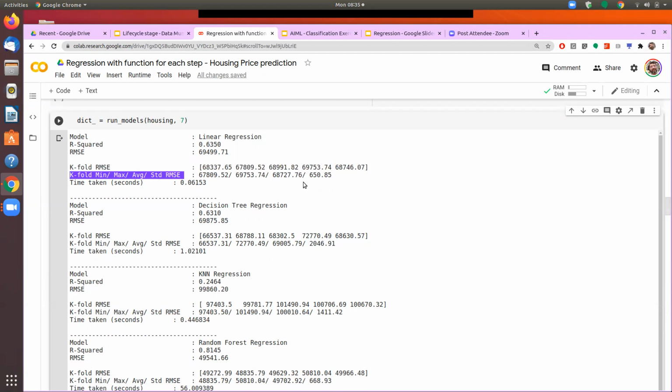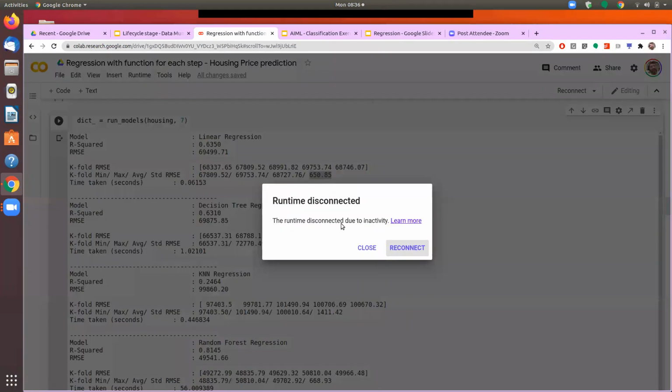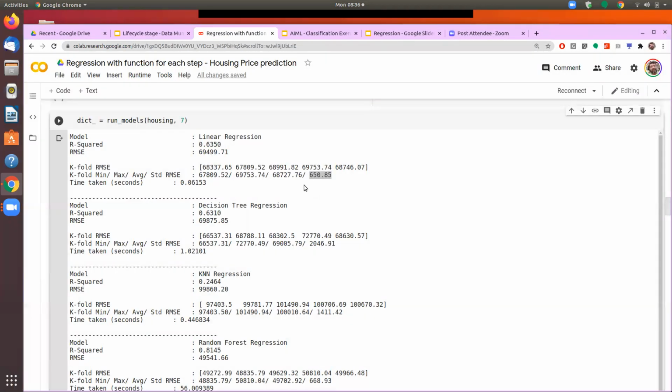So if the standard deviation is high, that means if I run the same model 2 times, I get different results. The system will always give you different results because a randomization process is involved in the optimization. So if you see, the linear regression is more stable because the range is not very vast.